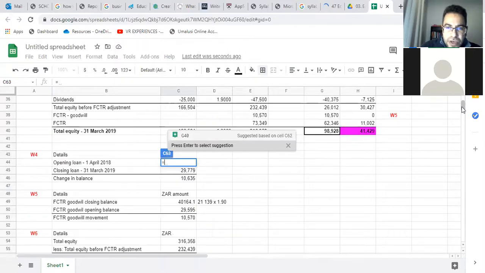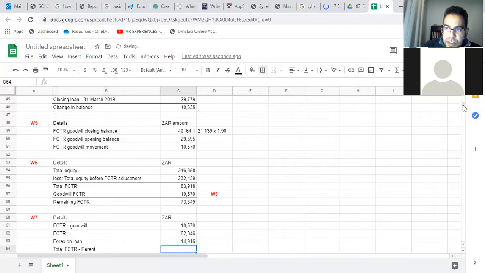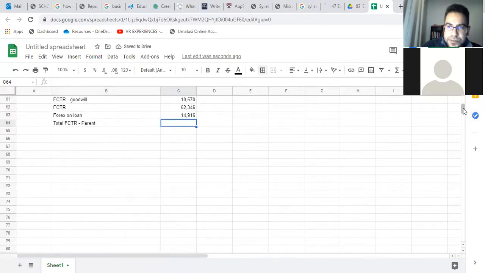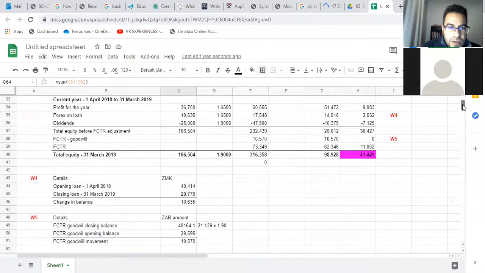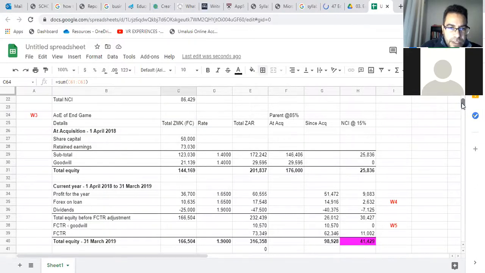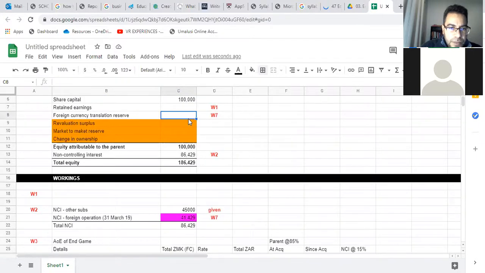So FCTR, the parent's portion. So this is C64. Where is this now? Equals C64.